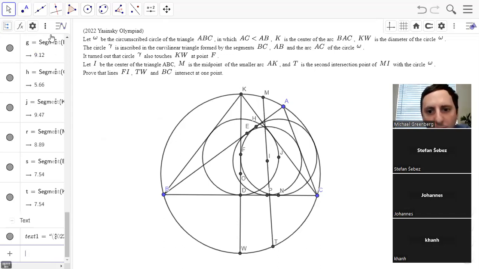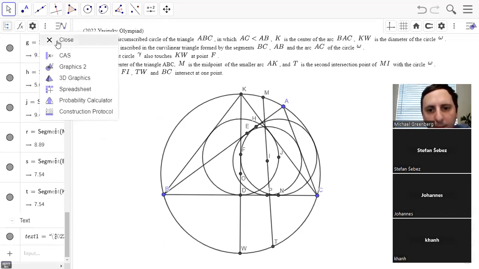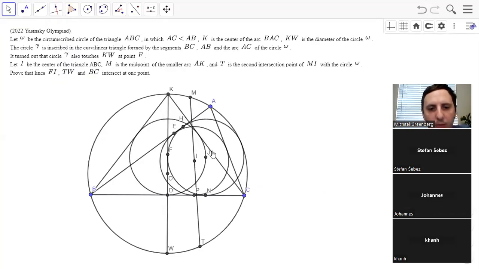So the way I was thinking about it is, if we drew the other curvilinear incircle on this side, this is the curvilinear incircle for KBC. If we did it for KDB, it would be the reflection of that circle over KW, right? And Thebault's theorem says that the centers of those three circles are collinear.